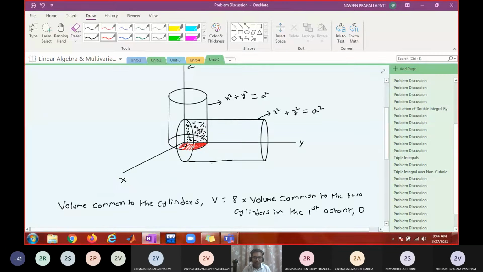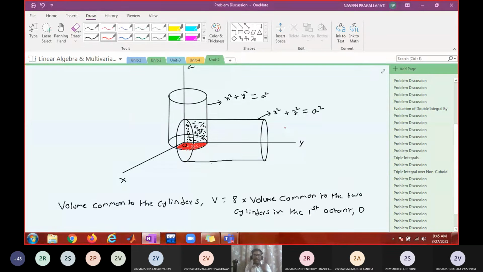Did you identify this point? The projection of the entire cylinder is a circle, not the circular region, because it is hollow.